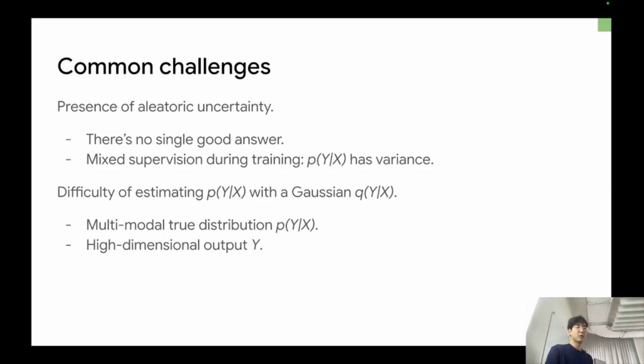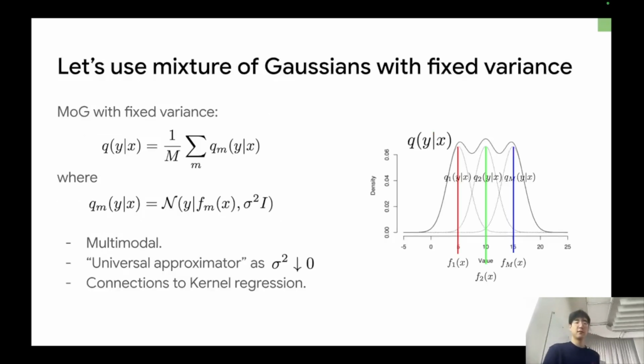So here, again, the common challenge is that the aleatoric uncertainty is present. Yeah? There may be multiple possible outcomes given the input. And a single Gaussian probably doesn't make sense. So what we can do is to assume that the distribution is a mixture of Gaussians. So q of y given x, your prediction, is given by the average, the sum over multiple PDFs given by a single Gaussian with different means.